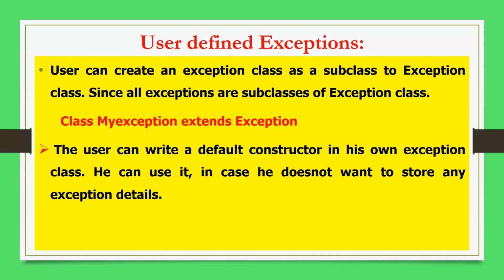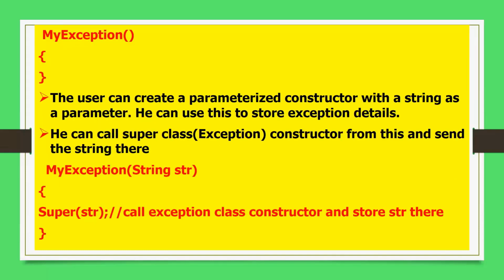That's why we have to use user-defined exceptions. And next, you can see constructor MyException open bracket close bracket. The user can create a parameterized constructor which takes a string as a parameter. He can use this to store exception details. He can call the superclass constructor from this and send the string there.